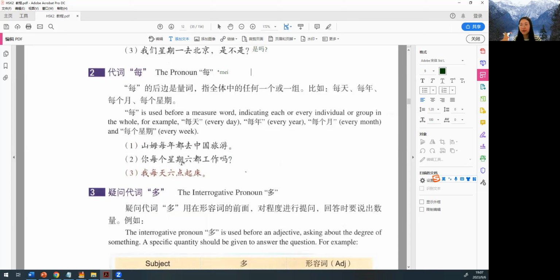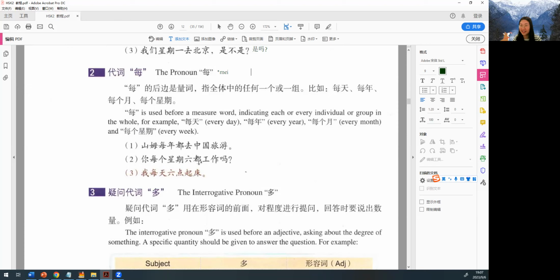So here is every Saturday. 工作 means working, work. So here is, do you work every Saturday? So what is your answer? 你每个星期六都工作吗? Yeah, I work every Saturday.